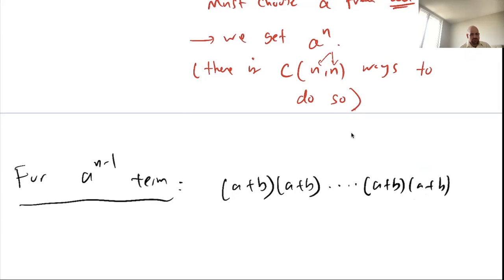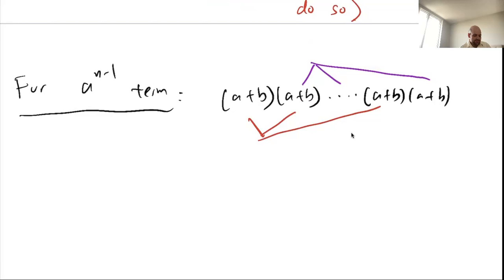So which n minus 1 brackets? Then I have different options, right? One option is that I can choose brackets 1, 2, all the way to n minus 1. Or I can choose, for example, a from brackets 2, 3, all the way to n. Different choices I have, right?